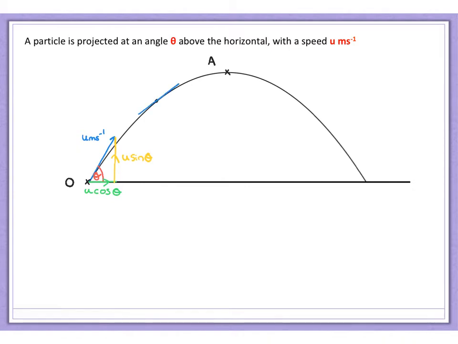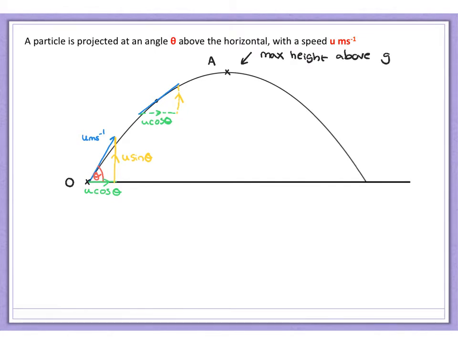Now, its horizontal component will still be u cos theta at every point on the journey, but the vertical component will have changed. So we established that the particle decelerates up towards the point at which it has its maximum height above the ground.